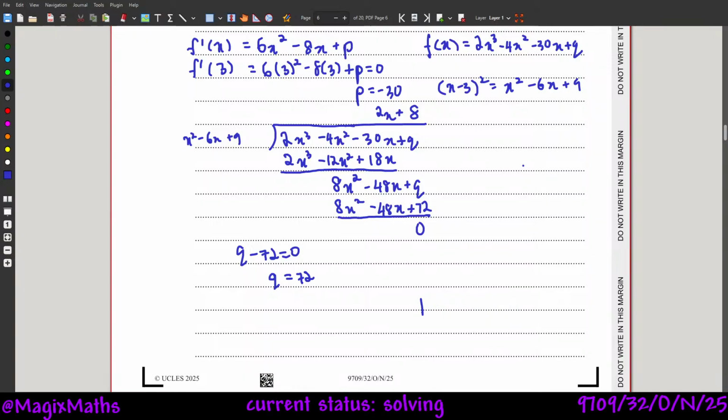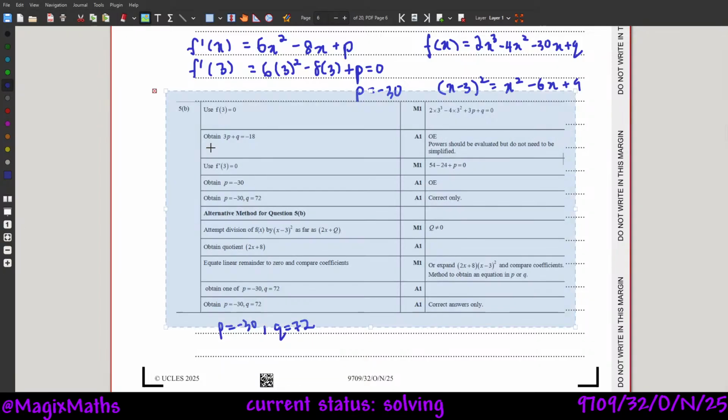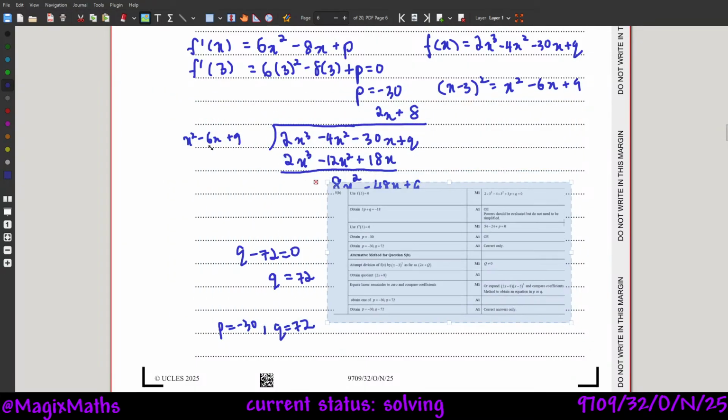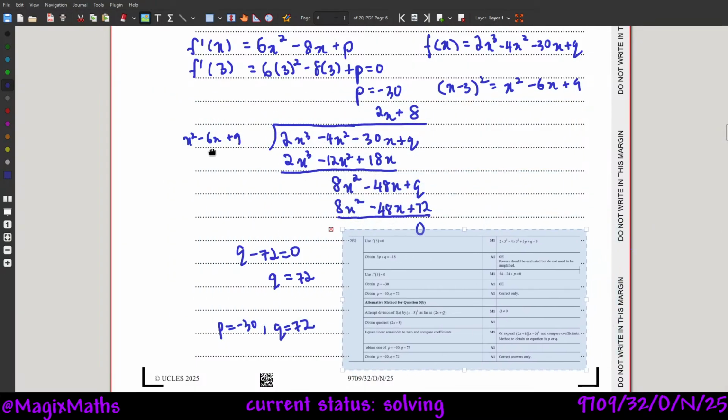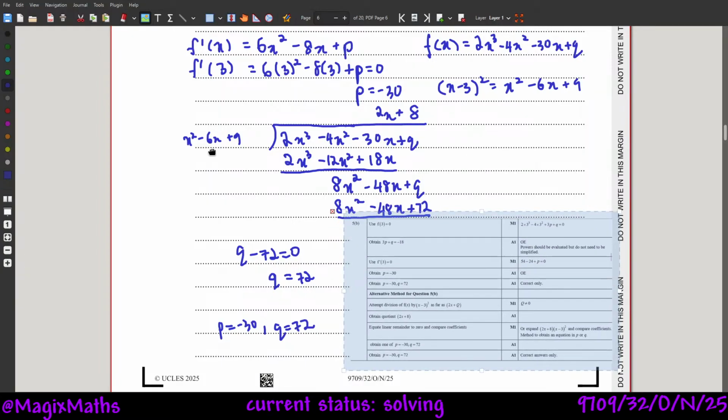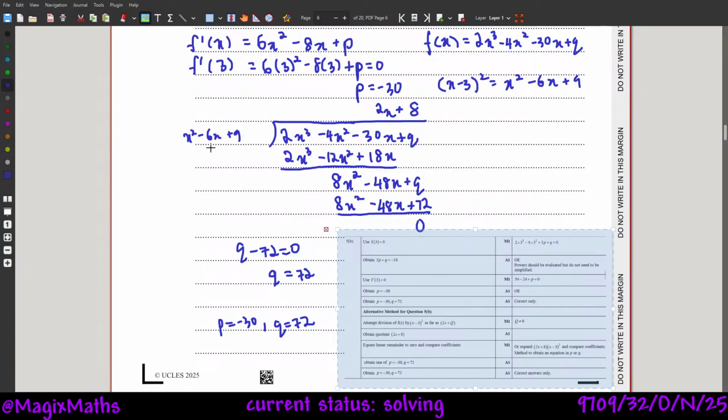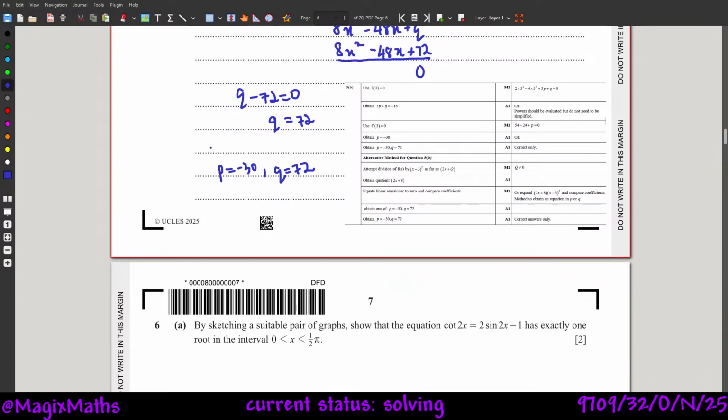Let's move our conclusion a bit to the left here so we can paste our answer here. Yep, so it's -30 and q is 72.